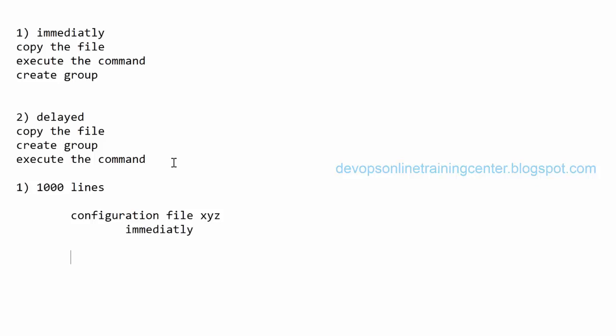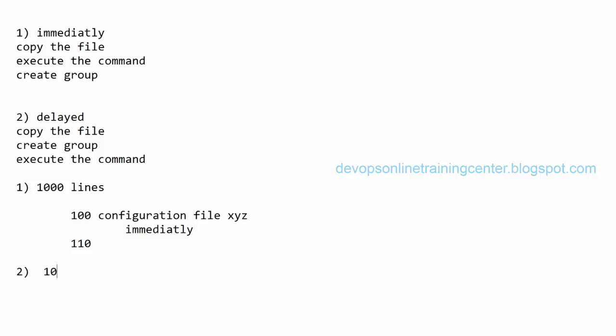Maybe some other applications or things are dependent on this. If I restart this, then only other things work. So this is at the 100th line, and at the 110th line I have something else that is dependent on this. So the 110th line will work only if this application is restarted. That is one case.